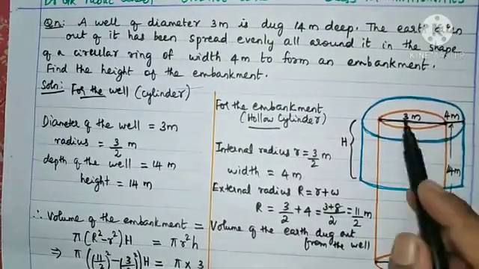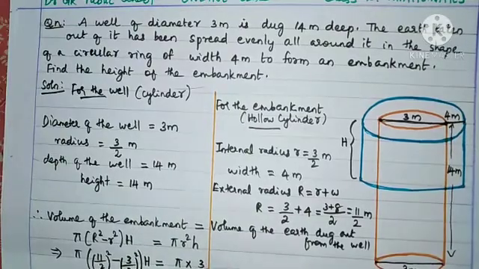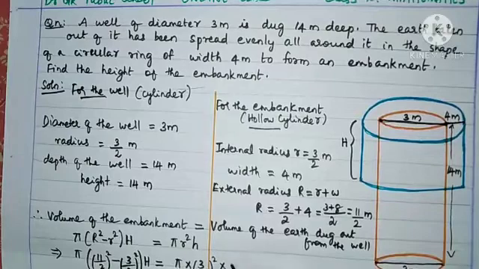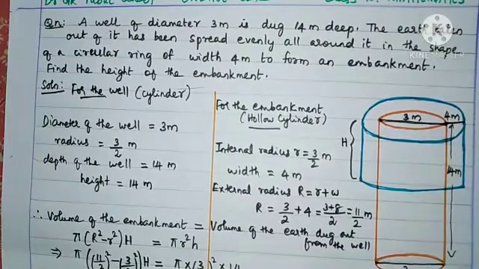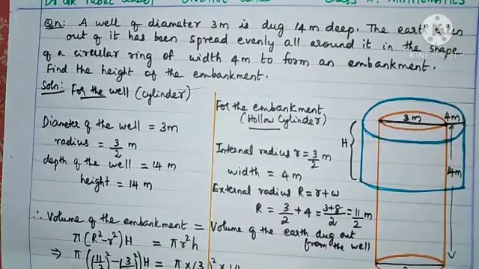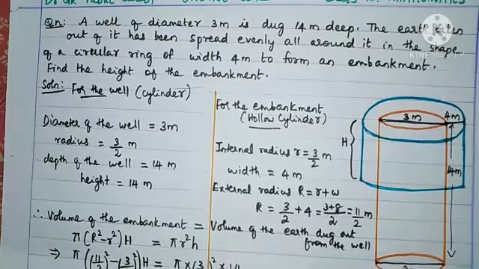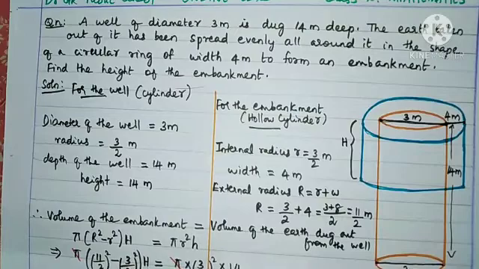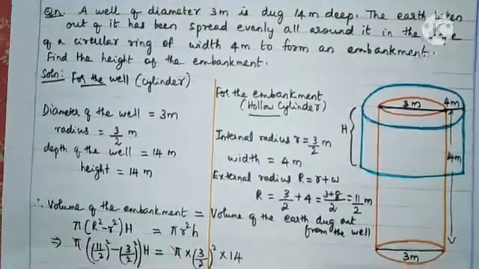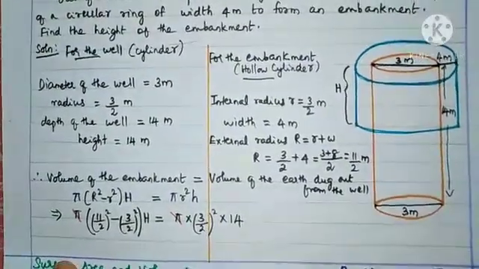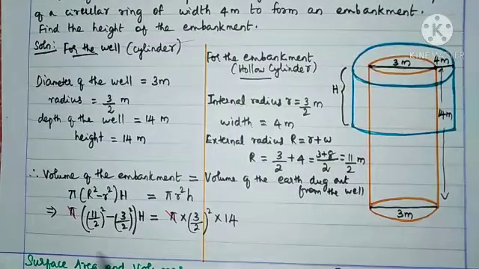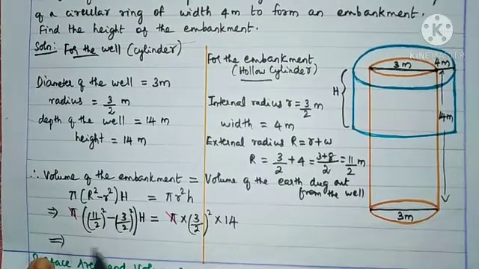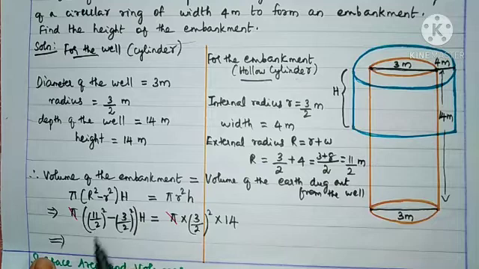Internal radius is the same, okay, 3/2 the whole square into the height of the well, which is 14 meters. Now you want to simplify. See, we can cancel the pi on both sides. Okay, pi is cancelled on both sides, so that we are having, yes, simplify. What is 11/2 the whole square?